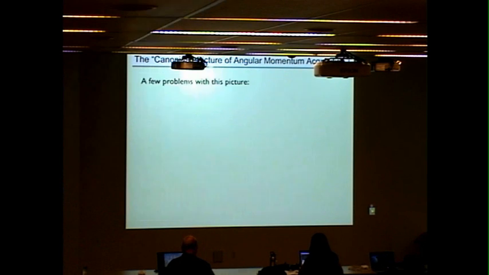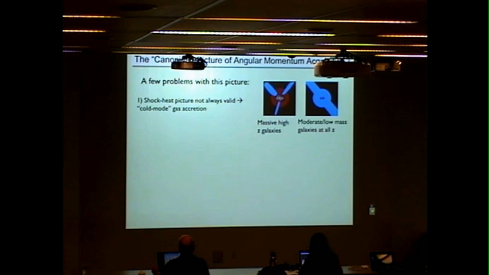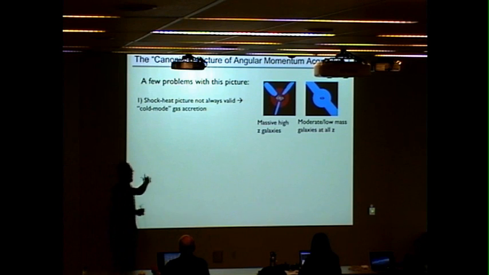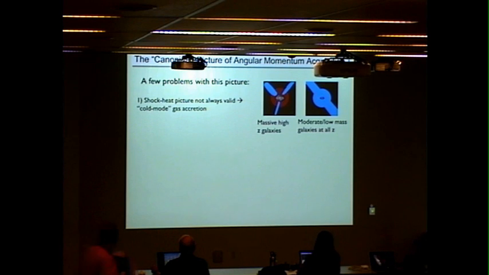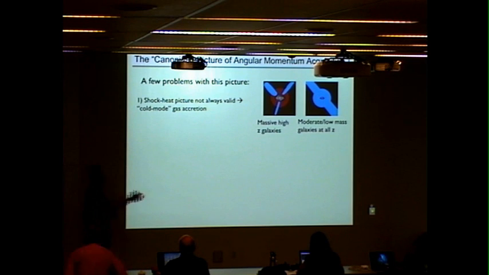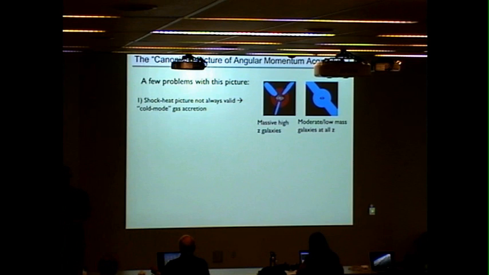Now, there are a couple of problems with this older picture. First of all, we know from simulations that's not how it works anymore, or we believe so anyway. At high redshift, even if you have a massive halo where you used to think everything's shock heated, we now know about these cold flows, cold mode accretion, where the gas is dense enough to stay cold and penetrate all the way into the galaxy, so you don't have this mixing in the halo for as long as you used to think.